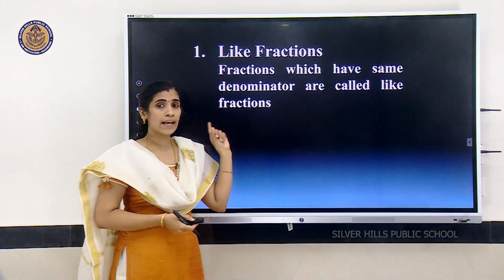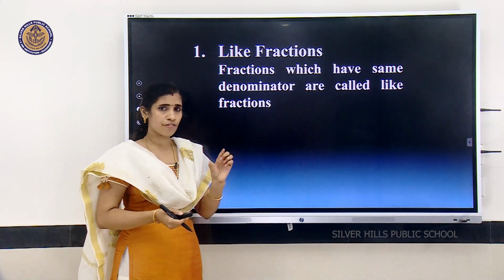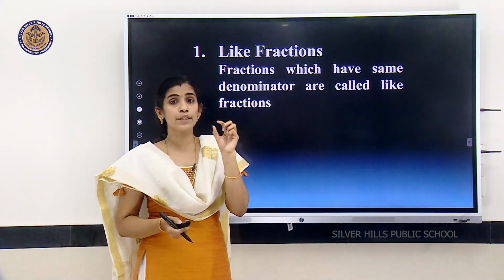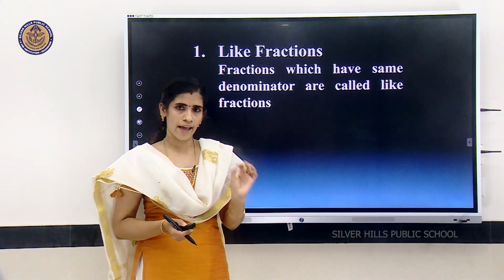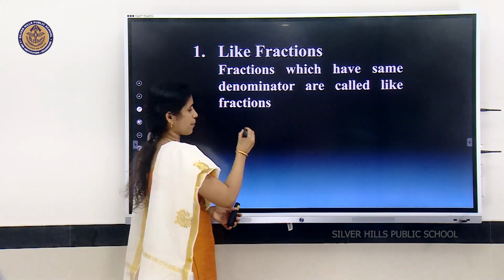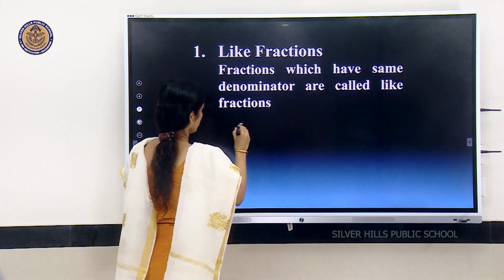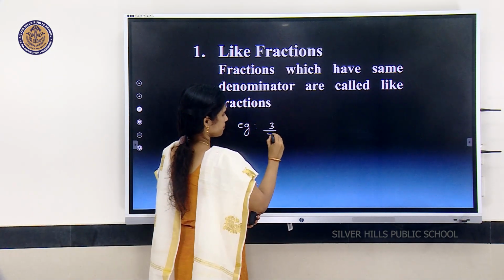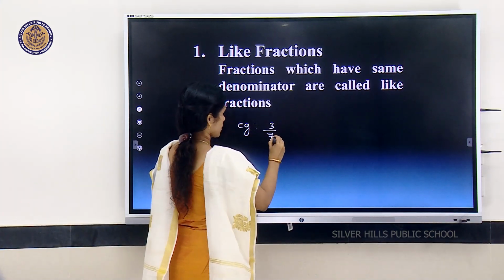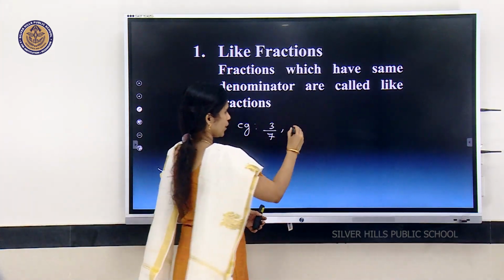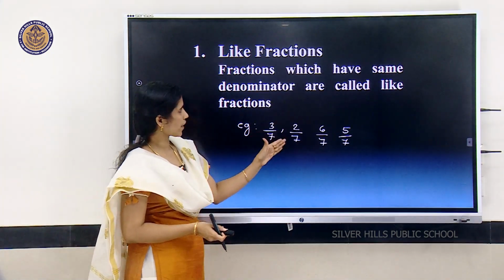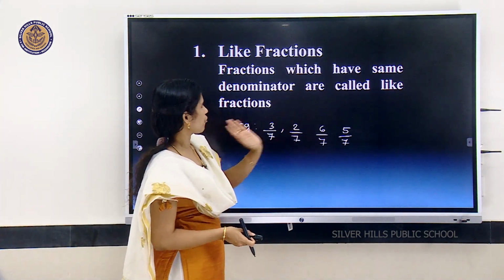First one, like fractions. Fractions which have the same denominator are called like fractions. For example, consider 3 by 7, 2 by 7, 6 by 7 and 5 by 7.